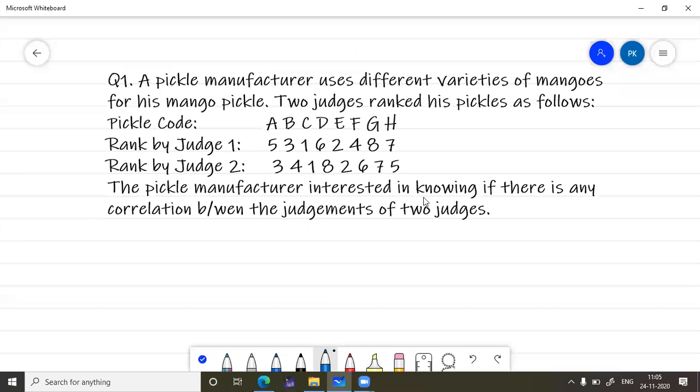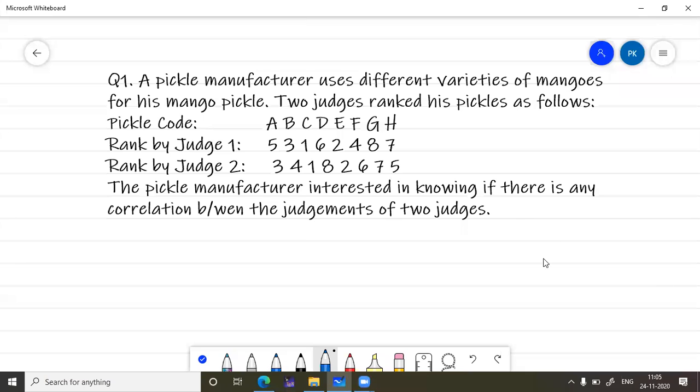The manufacturer is interested in knowing whether there is any correlation between the judgments of the two judges. In this problem the ranks are given, so we have to go for the rank coefficient of correlation, and check whether there is any correlation between the judgments given by the judges.